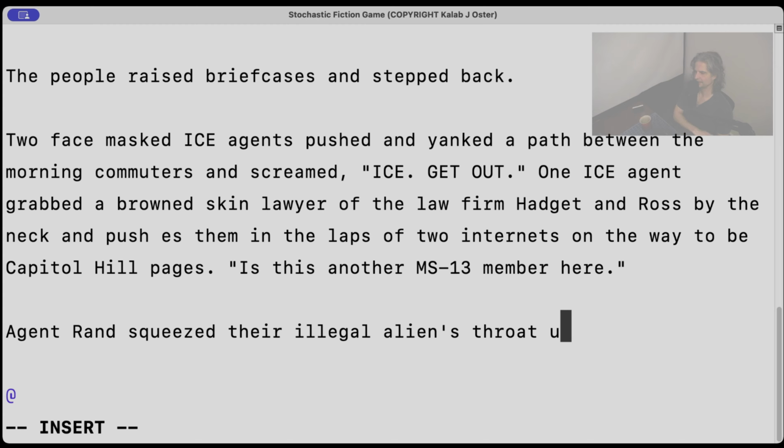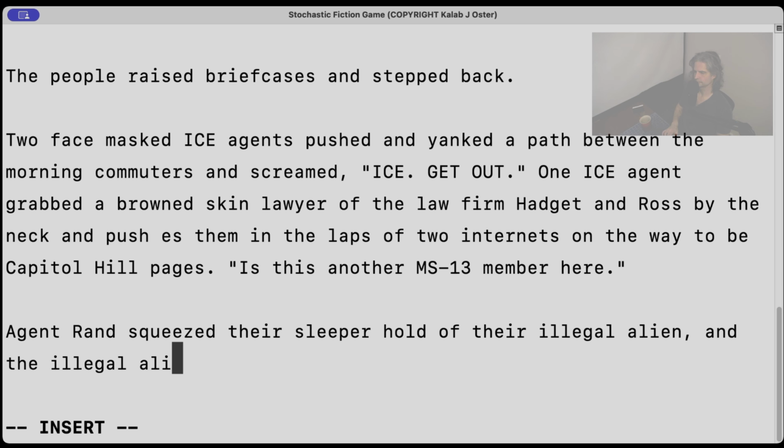I mean, the sleeper hold squeezed their sleeper hold around the illegal alien. Of their illegal alien. Cuffing.